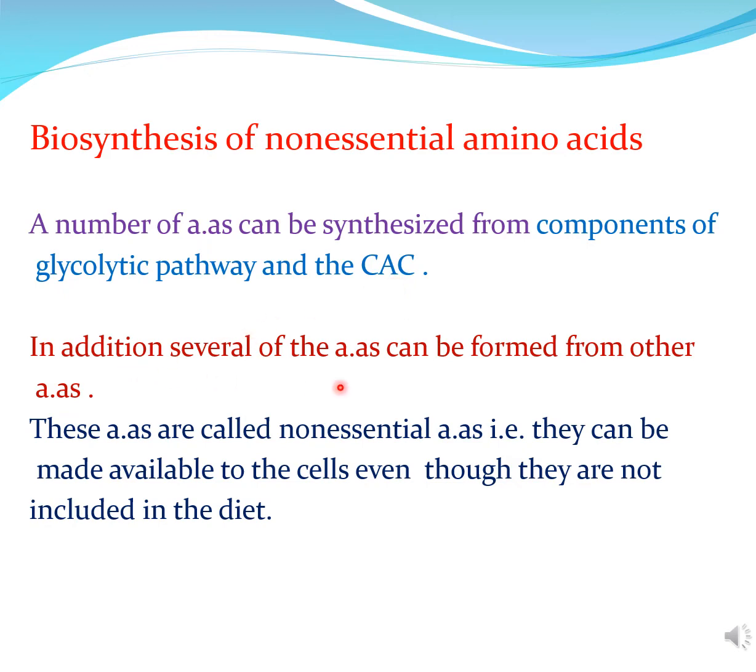In addition, several amino acids can be formed from other amino acids. There will be interconversion between amino acids. These two groups of amino acids are considered non-essential because we can synthesize them inside our body. The other group of amino acids are called essential because they cannot be synthesized inside the body and should be provided in the diet.